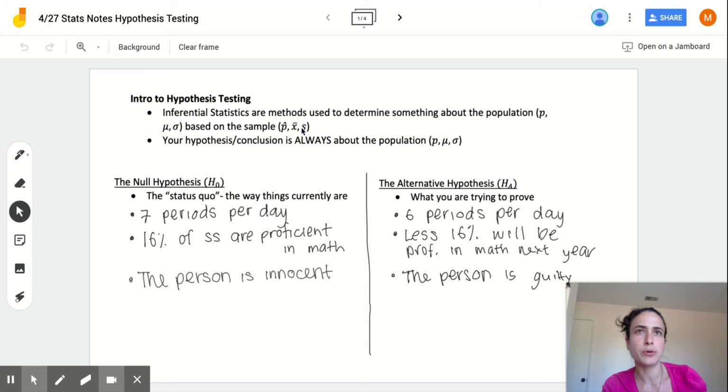You can take a sample and find the mean, the standard deviation, anything you want about the sample. What our hypotheses are always about is the whole population, because that's why we're taking a sample in the first place, to give us more information about the whole population. So don't forget, make your hypotheses always about the whole population, okay?